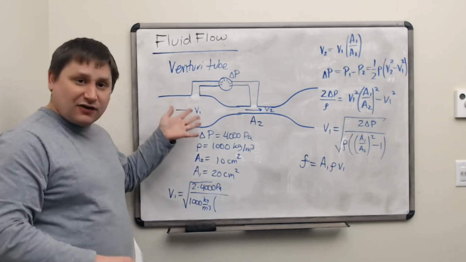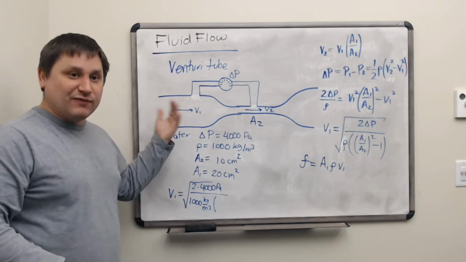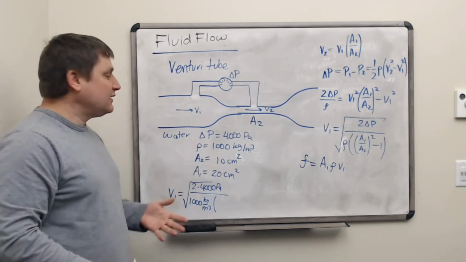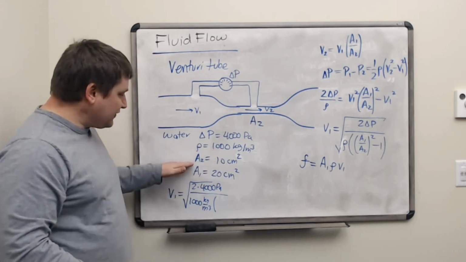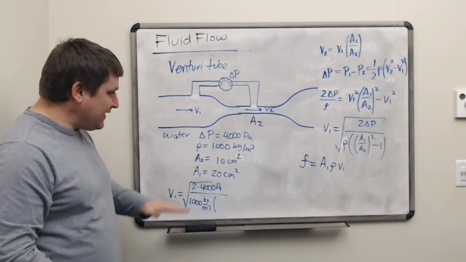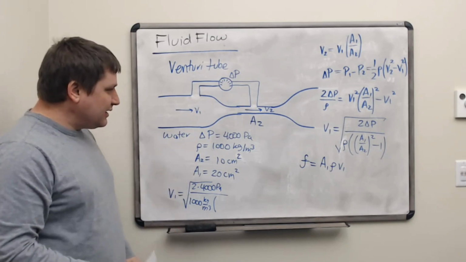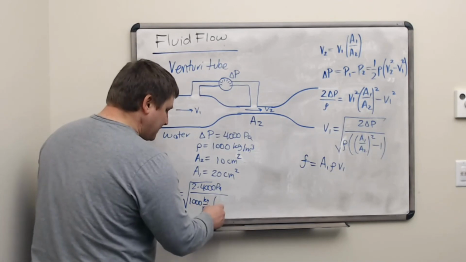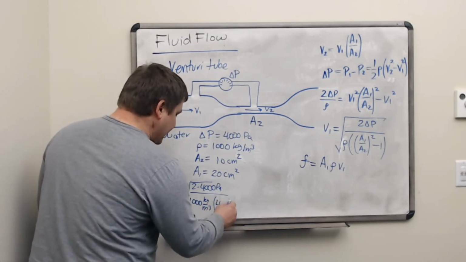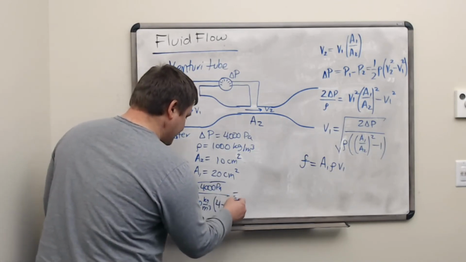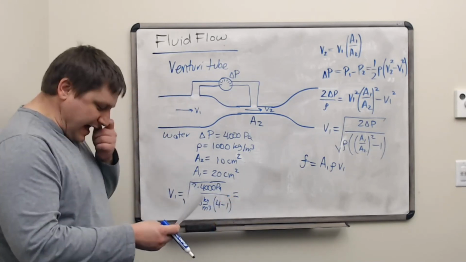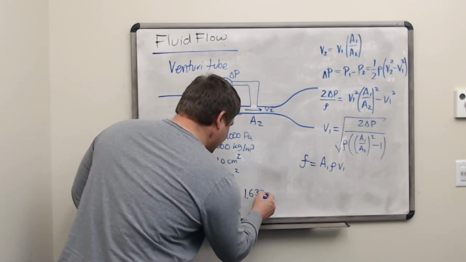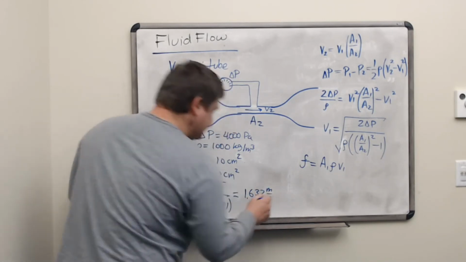If the pipes are circular, they may provide you with the radius or the diameter, and you need to get the area from that first. So here I've just given you the areas, so I can say the area ratio is 2-to-1, and that ratio squared is going to be 4. So down here we'll have 4 minus 1. And if we work that out numerically, it comes out to 1.633 meters per second.